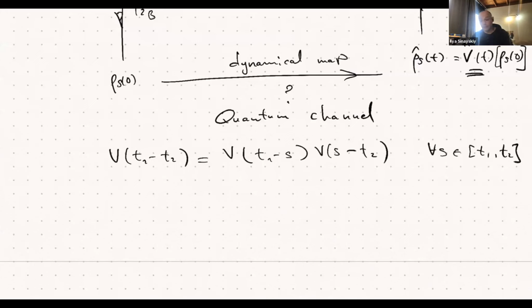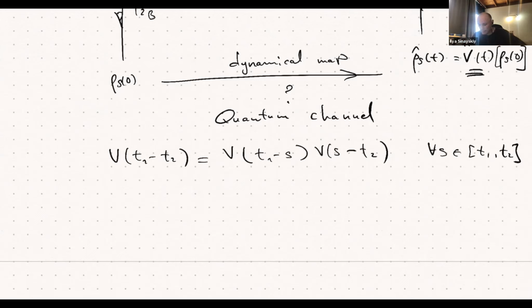It means that if you know how you evolve for some moment of time, you can always do the composition. And it works identically for unitary operators. The unitary operators, which describe pure evolution, belong to the group. There is a corresponding group which is defined on the vectors of the Hilbert space and so on and so forth.